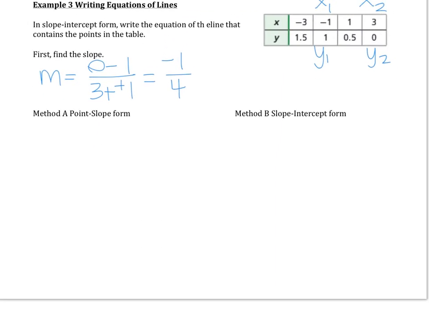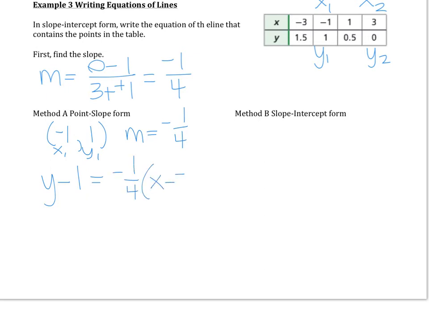Okay? I'm going to show you 2 methods, one using the point-slope form and one using the slope-intercept form to find our equation. So using point-slope form, now we need to have a point. So I'm going to choose my x1, y1 as my point, and my m is negative 1/4. And it's y minus y sub 1 equals the slope times x minus x sub 1.